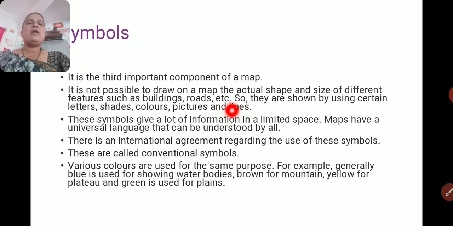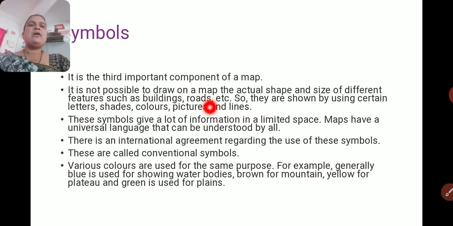So for that reason, we are using particular symbols or particular letters or sometimes colors to make it easy to understand and easy to locate. Buildings and roads are very difficult to draw on the map.